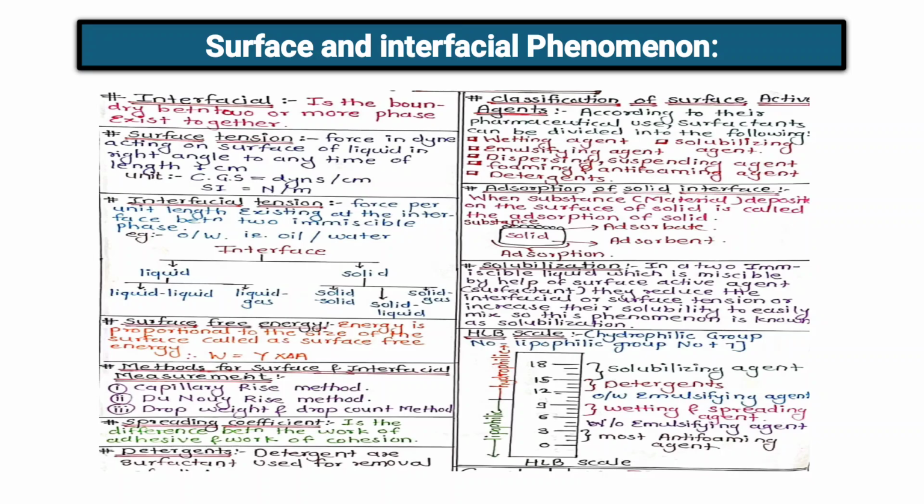Methods for surface and interfacial measurement: capillary rise method, Du Nouy ring method, drop weight and drop count method, and maximum bubble pressure method. Those are the methods to determine surface tension. Classification of surface active agents: wetting agent, emulsifying agent, foaming agent, detergent, solubilizing agent.